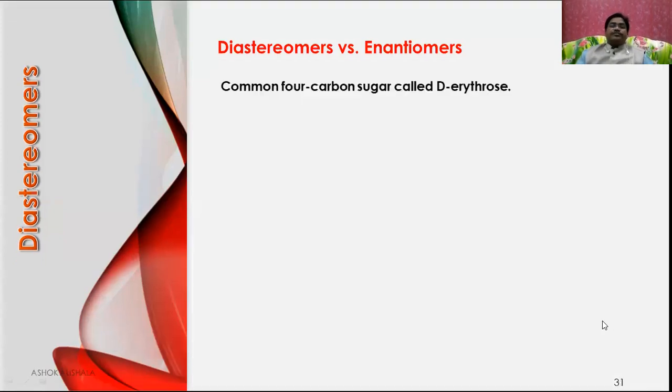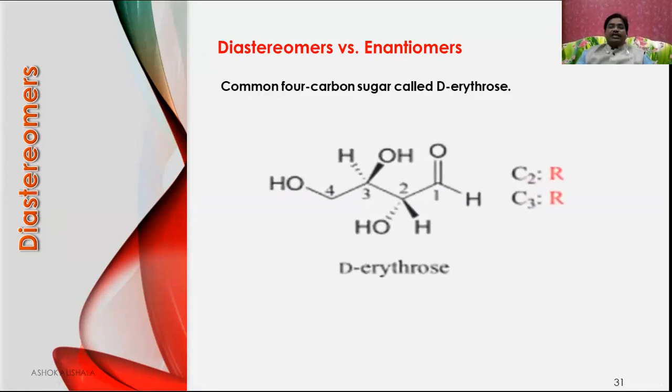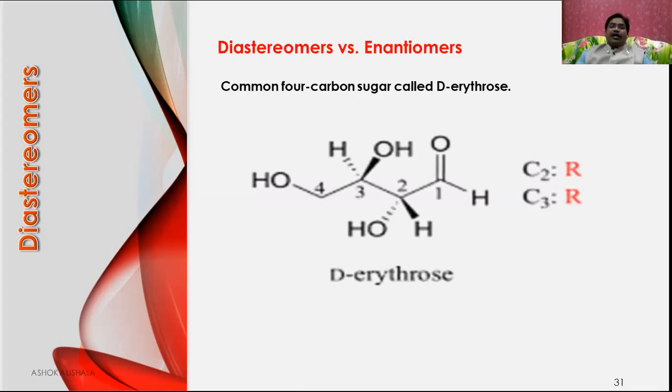Then a common 4-carbon sugar is called D-erythrose. Let us see the structure of D-erythrose. Here the second carbon has R configuration, and the third carbon also has R configuration. This is a common 4-carbon sugar, carbons 1, 2, 3, 4.